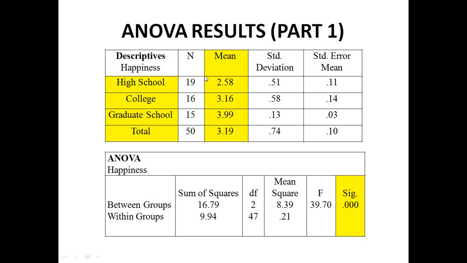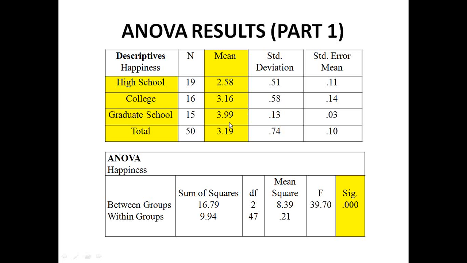Is there a trend in the means? And you can see high school, the mean level of happiness is 2.58. In college, the mean level of happiness is 3.16. And in graduate school, the mean level of happiness is 3.99. So it looks like there's a trend where the higher the education, high school, college, graduate school, the higher the mean score of happiness, 2.58, 3.16, 3.99.